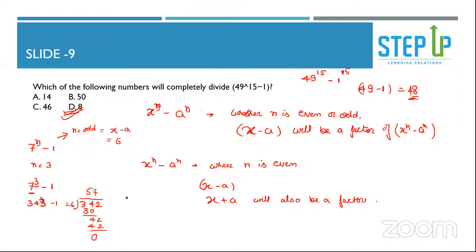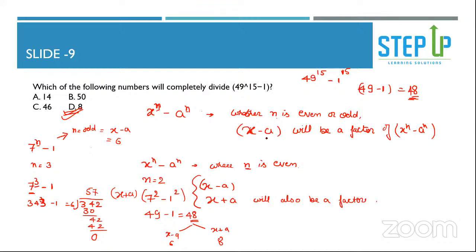Now take n is equal to 2. So now x plus a will also be a factor, like 7 square minus 1 square. 7 square is 49. 49 minus 1 is 48. This 48 is divisible by x minus a, that is 6, and is also divisible by x plus a, that is 8. So where n is even, both x minus a and x plus a will be factors.